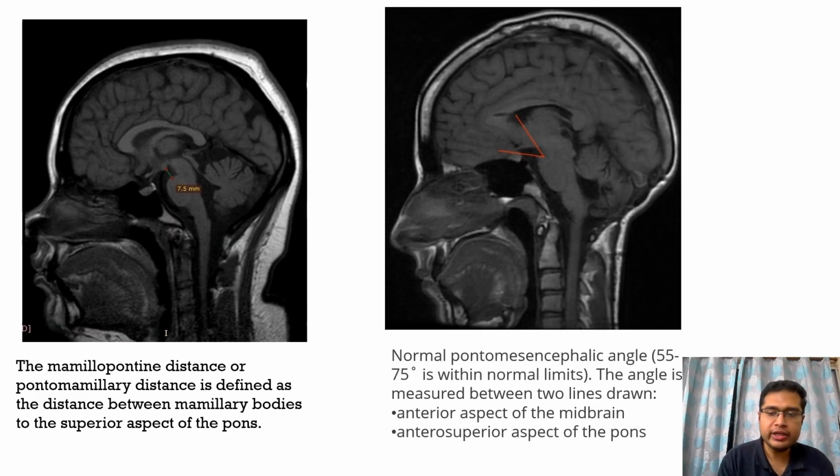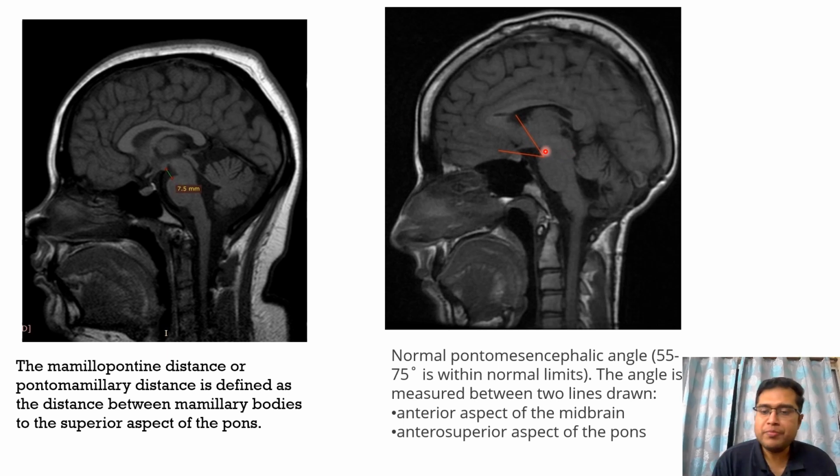So coming to the quantitative parameters to diagnose idiopathic intracranial hypotension, starting with the mammillopontine distance, that is the distance that is measured between the mammillary bodies and the superior aspect of the pons. This distance is actually reduced in case of idiopathic intracranial hypotension.